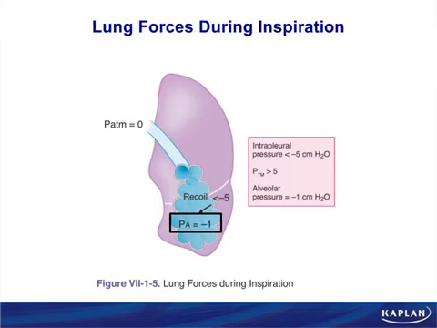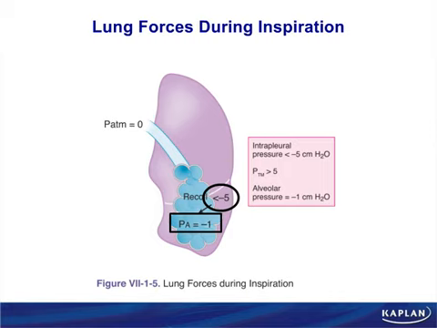Okay, so now let's breathe in. We know the direction of the forces, etc. Now what we're going to do is we're going to contract skeletal muscle and pull the chest up and out. By pulling the chest up and out, interpleural pressure becomes more negative. So it may go from, say, -5 to -8.